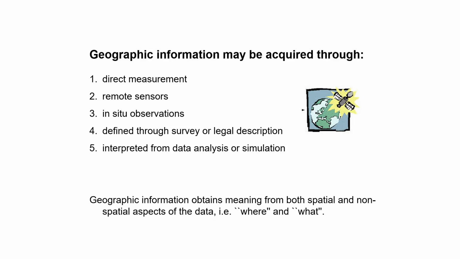Another way is remote sensors: temperature, humidity, etc. Then in situ observations, as ecologists get in the field, in the forest, on a seashore, and so on. Then defined through survey or legal description.